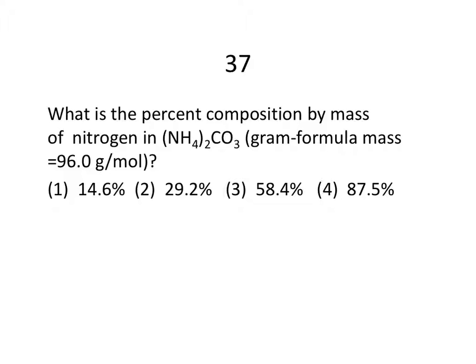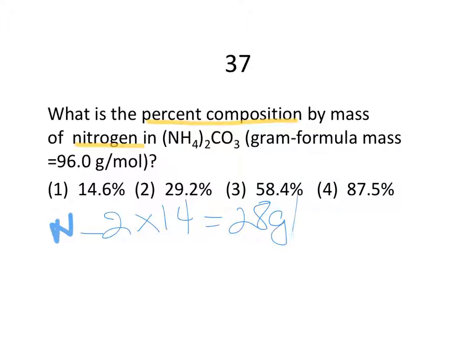So in this one, we want to calculate the percent composition by mass of nitrogen. So we are already given the fact that the gram formula mass for this compound is 96.0 grams. Well, we know that we have nitrogen, and there's 2 of them. So nitrogen is equal to 2 times 14. 14 we get from the periodic table, and that gives us 28 grams per mole.